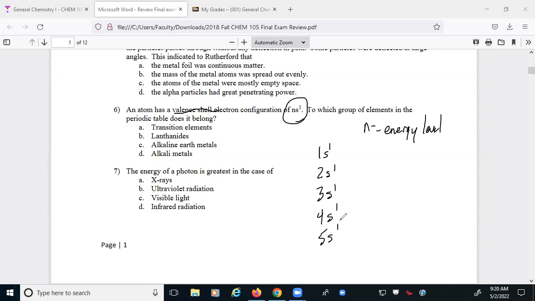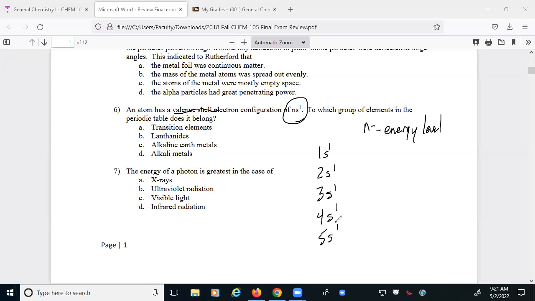Where would I find elements that had these configurations? Which group of the periodic table? Group 1.